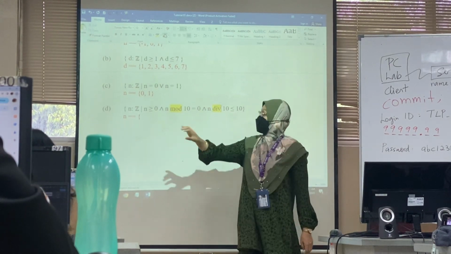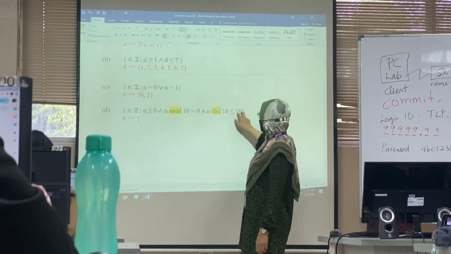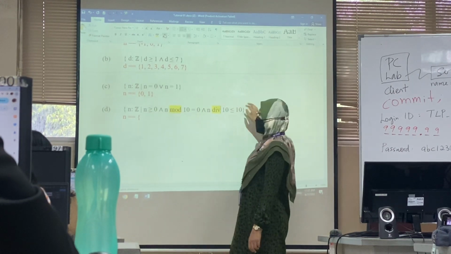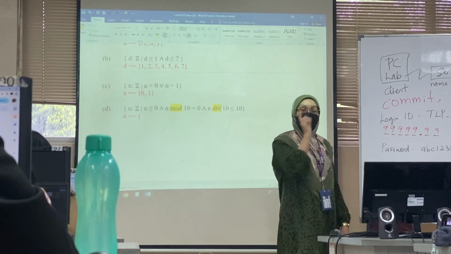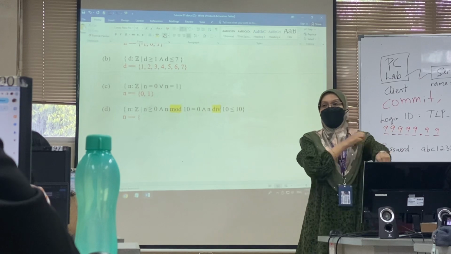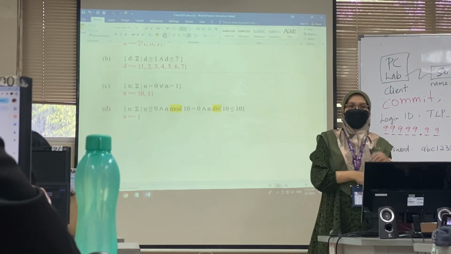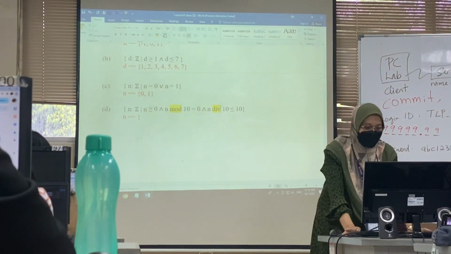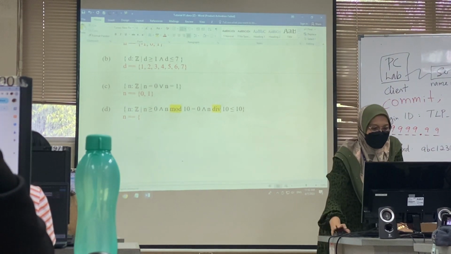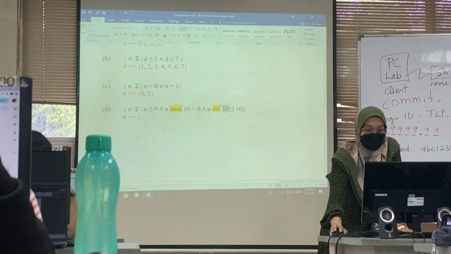Okay, so if you were given this statement, what will be the answer of your n here? What do you think will be the answer for n here? Is it 10 only? Here, you have less than 10.